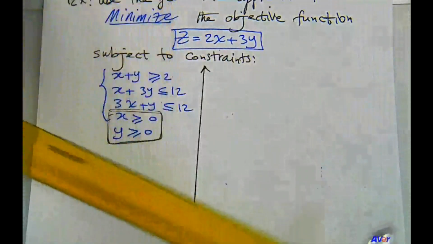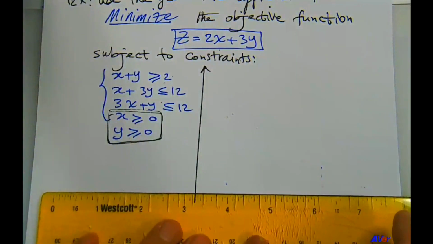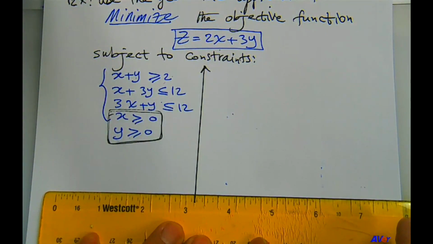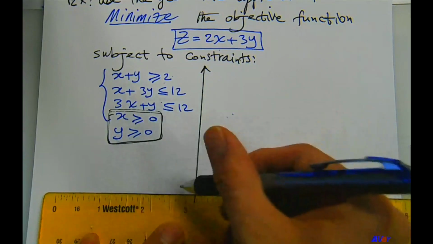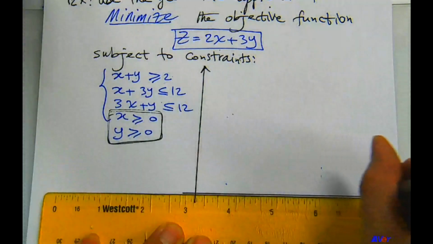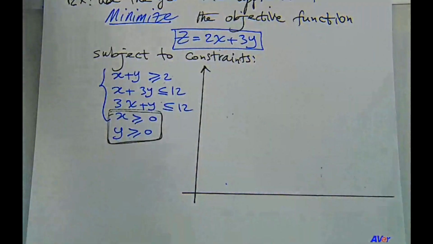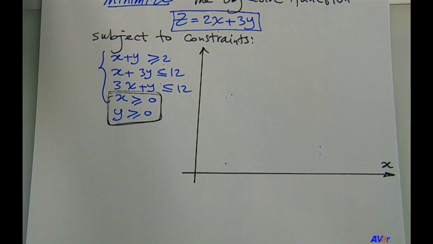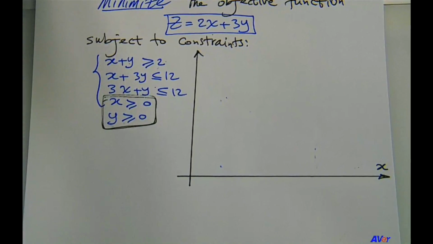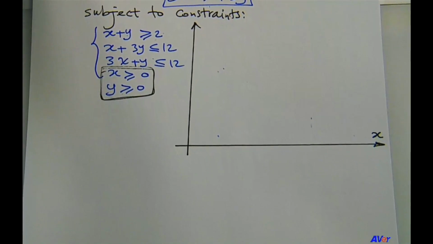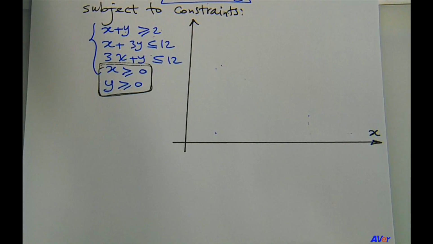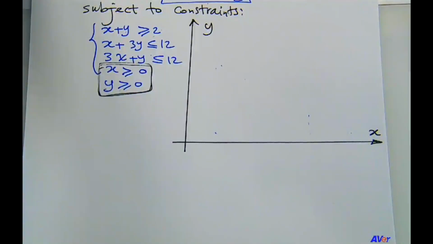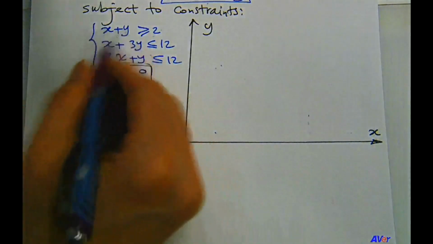All right, so let me draw it right away, and that way we can plot our points and draw our lines as we go along, like that. So that's x, and then let me move this as high as I can, like that, and this is y.